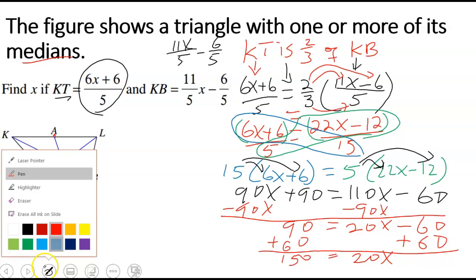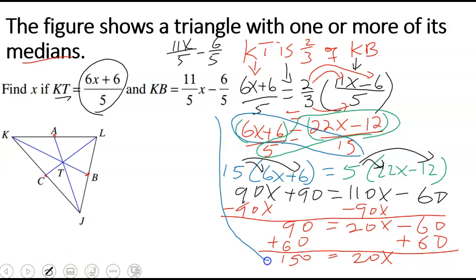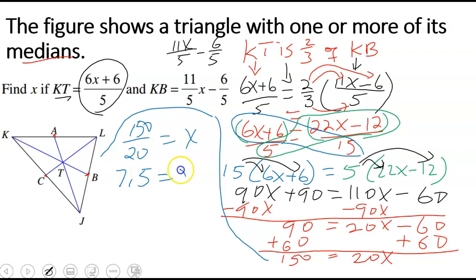And then we carry that on over here. So if we have 150 divided by 20, it would give us x. So that's 7.5 equals x. So we're asked to find x, so we're actually done. That will be our answer.